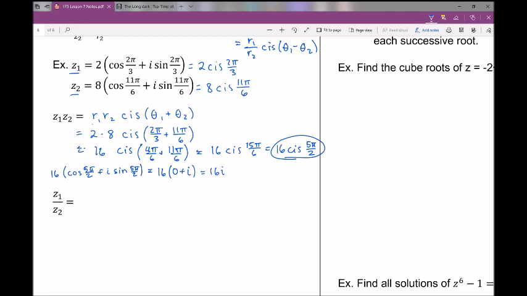So to me, that's a lot easier than FOILing out, but you're welcome to do it either way, unless I ask you on a test, like use the polar form to multiply these two numbers. So anyway, that's just another way to multiply two complex numbers.